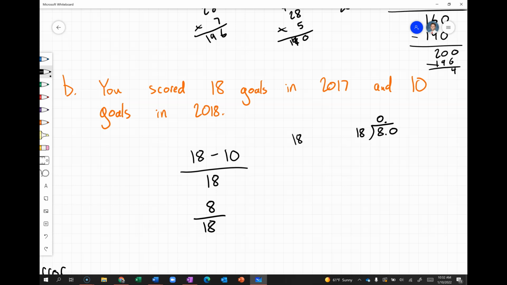Well, 18 times 4 is 72. We can see that's going to be a repeating decimal, 0.4 repeating. So if we turn that into a percent, 44.4 repeating percent. So it was a 44.4 repeating percent decrease in goals scored from 2017 to 2018.